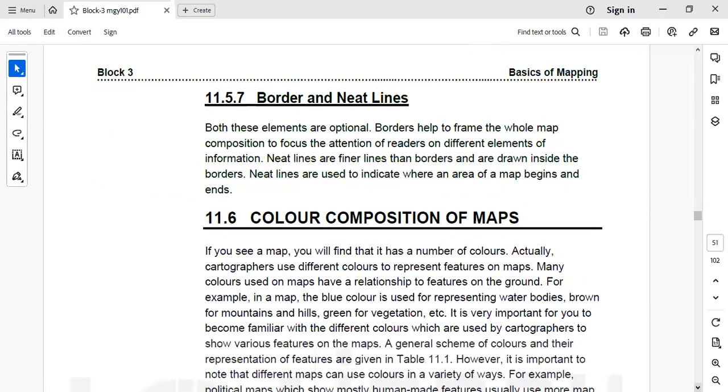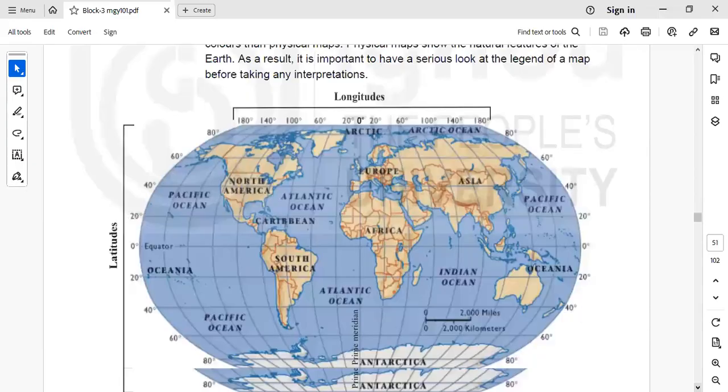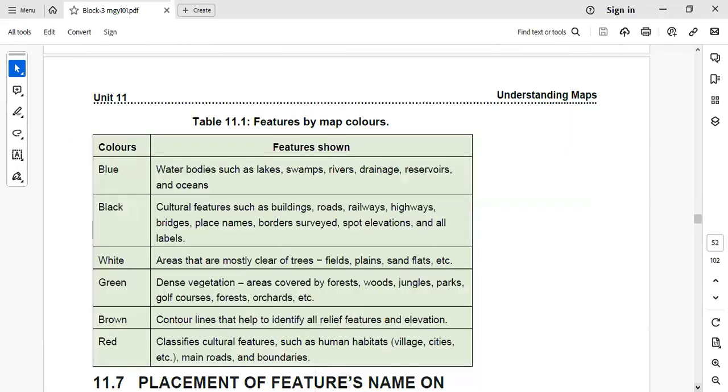So whenever you get the opportunity to see a map in the future, observe it very clearly and you will notice that a map contains numerous colors, and these colors are used for representing specific features.